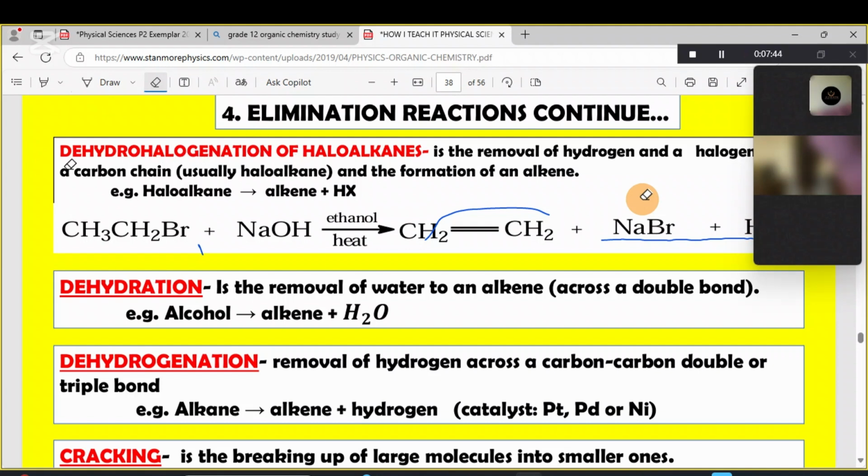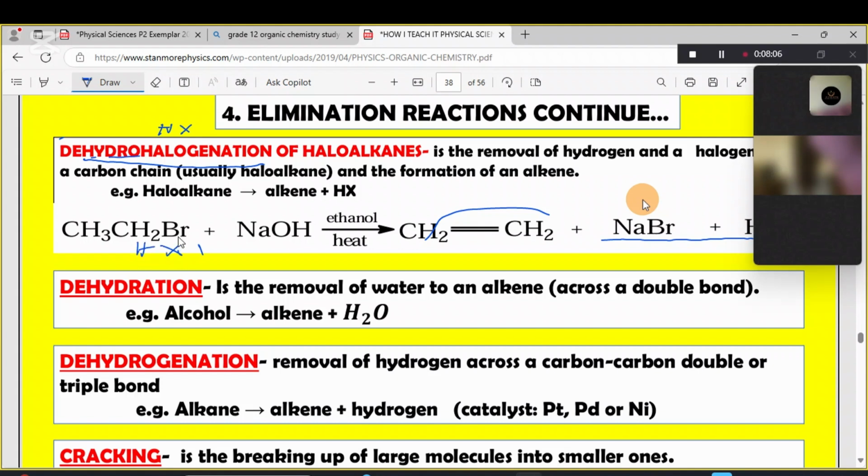It says it in the word: dehydro. What are we removing? We're removing HX. In hydrohalogenation it's my HX, and since this time it says D, that means I'm going to have to remove an H and an X from this compound.